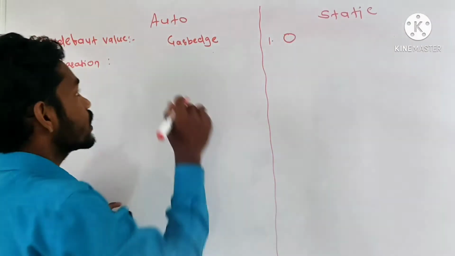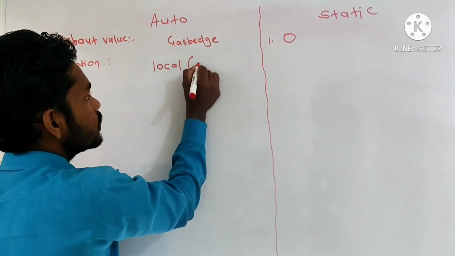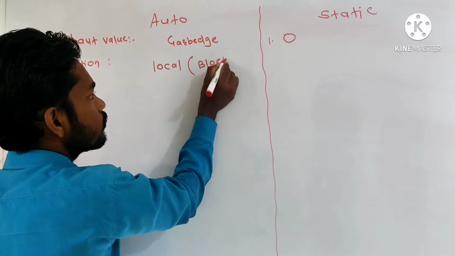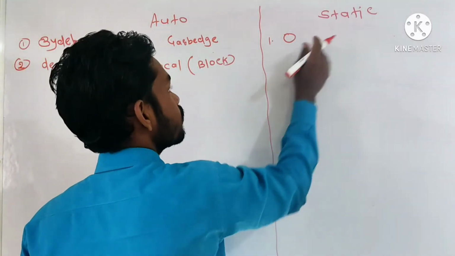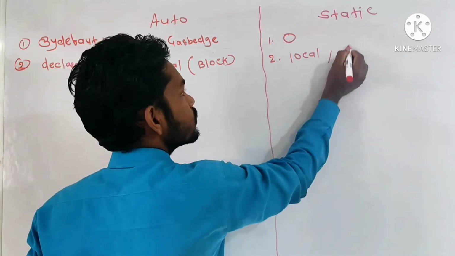The declaration of auto variable must be local, or you can say inside a block. But in case of static variable, you can declare local as well as global.